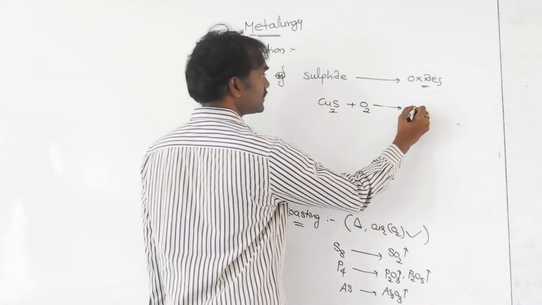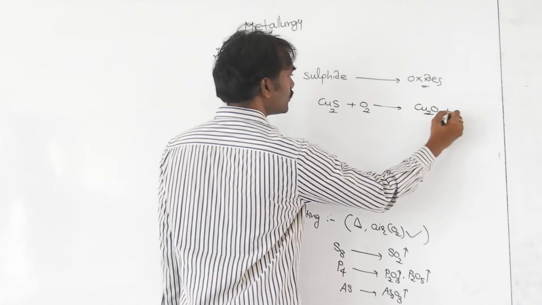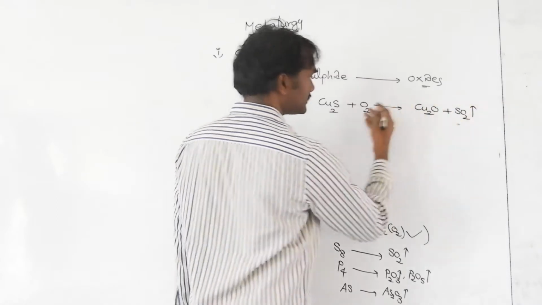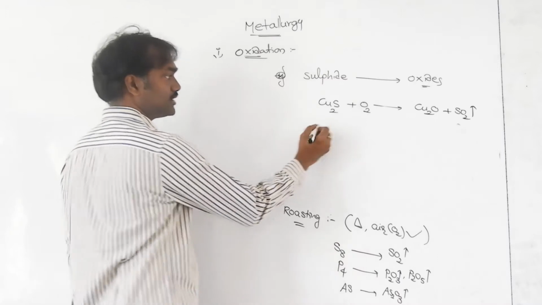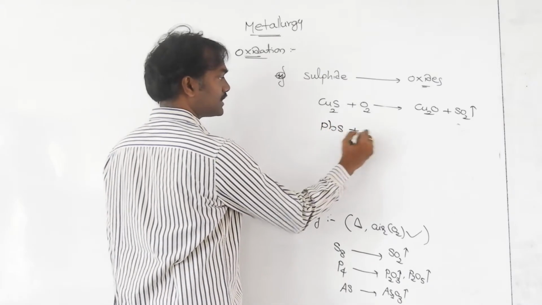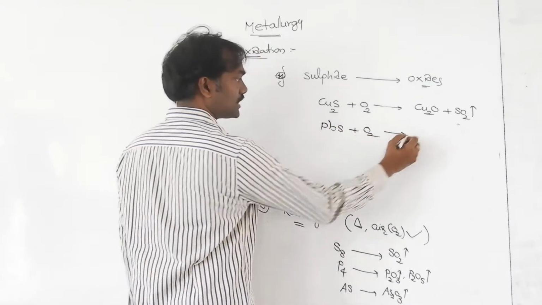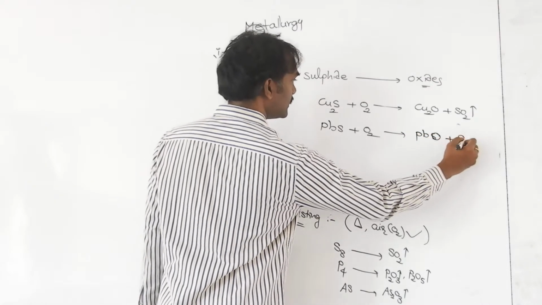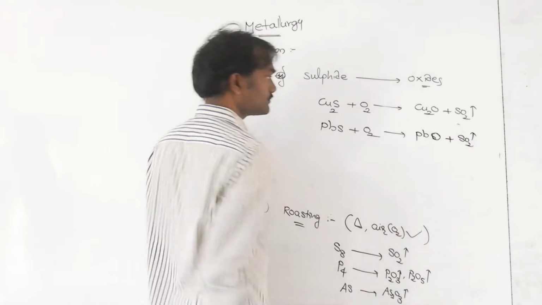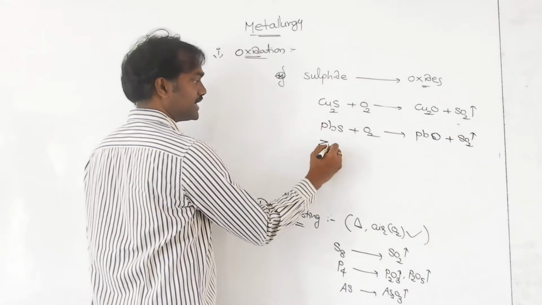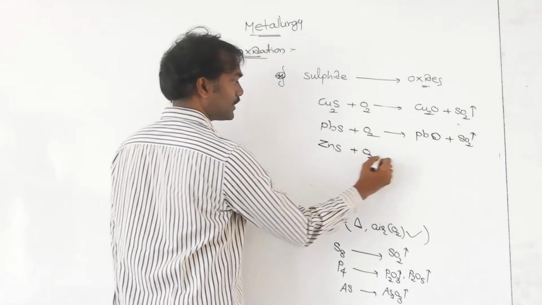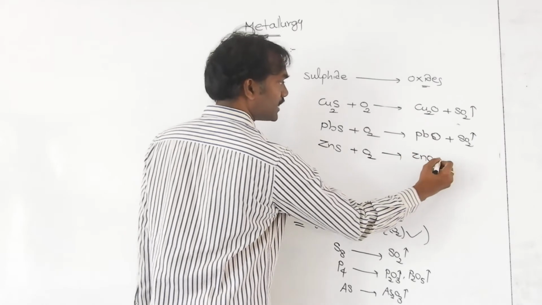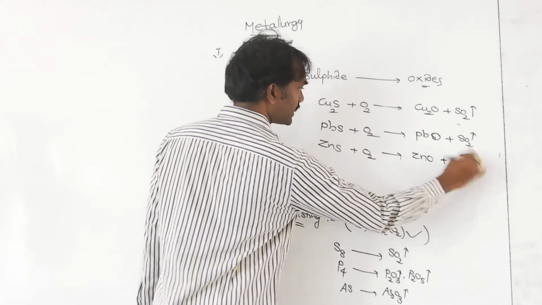Then what happens? Cu2O and SO2 gas. You can balance that. Then lead sulfide with oxygen, sulfur is eliminated, so PbO plus SO2 gas. Like that, suppose ZnS with oxygen, you get ZnO plus SO2 gas.